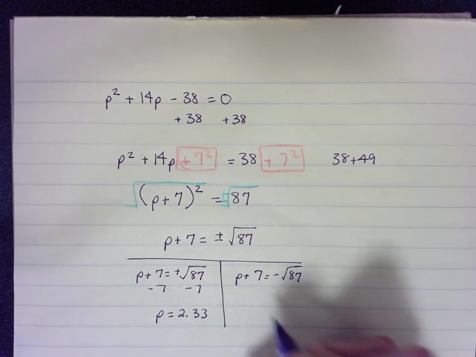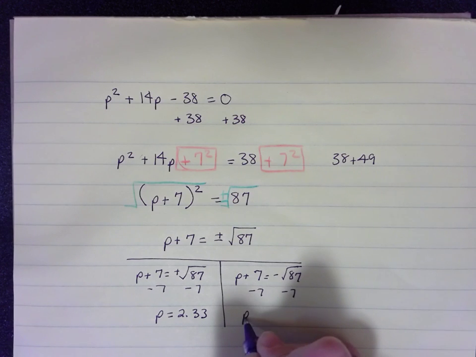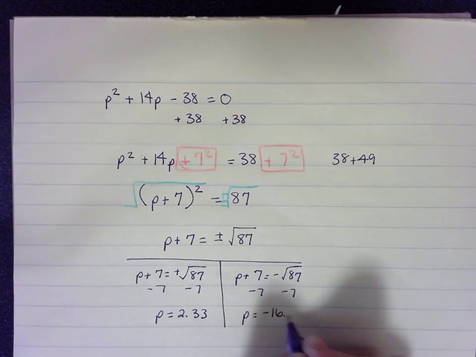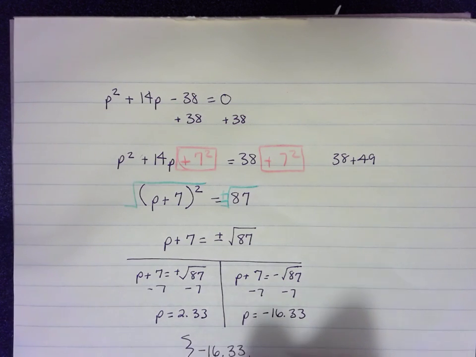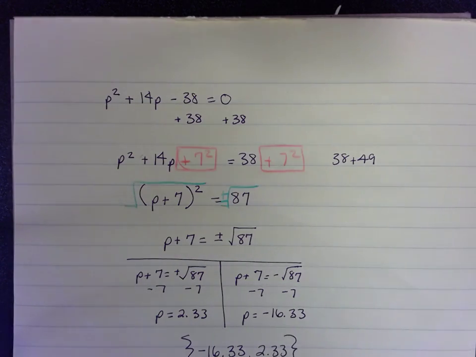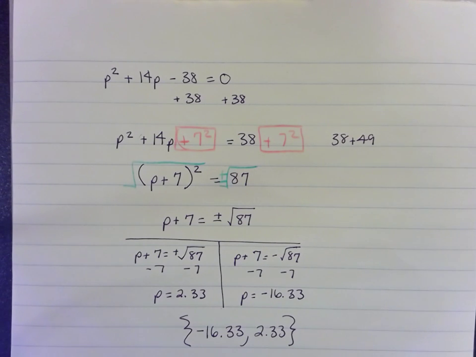And then I do the same thing over here, but I have negative the square root of 87, and I subtract 7 from that, and I get p equals negative 16.33 to the nearest hundredth. So I have an answer that I can put in my set notation. And this, my friends, is why we complete the square.